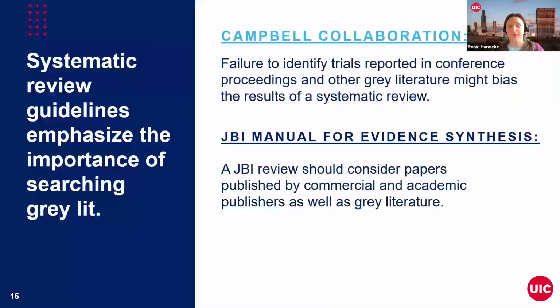So in their manual, they point out that failing to identify gray literature might bias your results. And the JBI manual for evidence synthesis, which is healthcare evidence synthesis, also outlines that reviewers should consider gray literature in addition to traditional publication types.